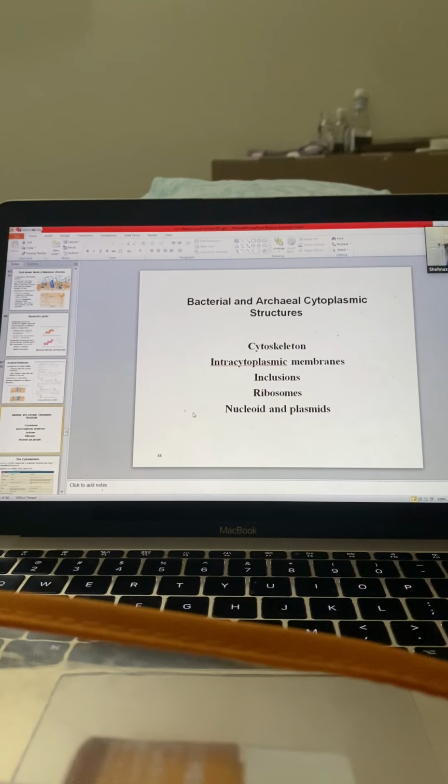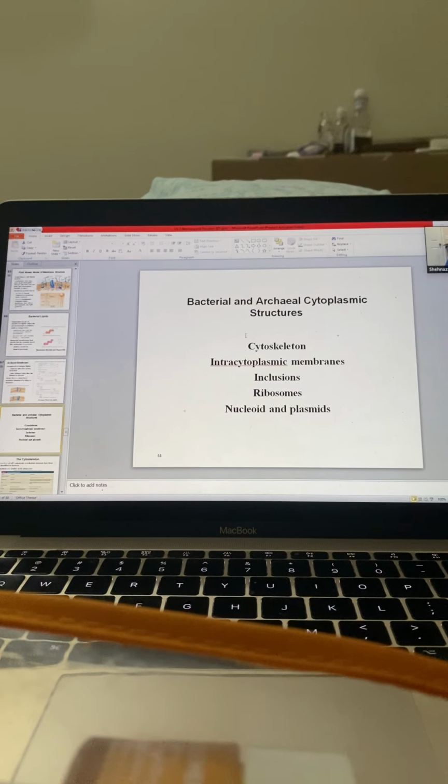Ribosomes and inclusions have some commonalities between bacterial and eukaryotic cells. And the last one, of course, is something that is unique to bacteria. We call it a nucleoid, which represents a nuclear area. That means the genetic material or DNA is in that area without a membrane covering it. In eukaryotes, we call it a nucleus, because there is a membrane-bound genetic material there.